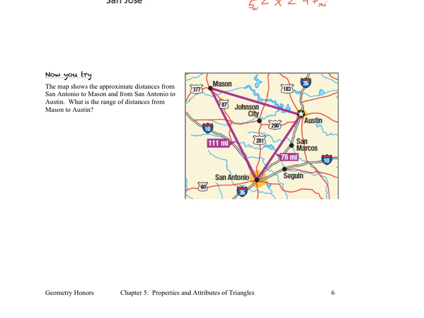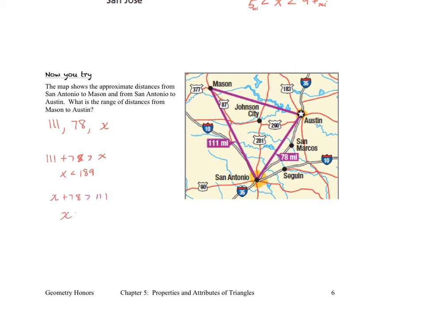And for the now you try, it's the same thing again. You're going to be using the numbers 111 miles, 78 miles, and x miles. So you could do 111 plus 78 is greater than x. And solve that. You get x is less than 189. If you do that correctly, we have x plus 78 is greater than 111.